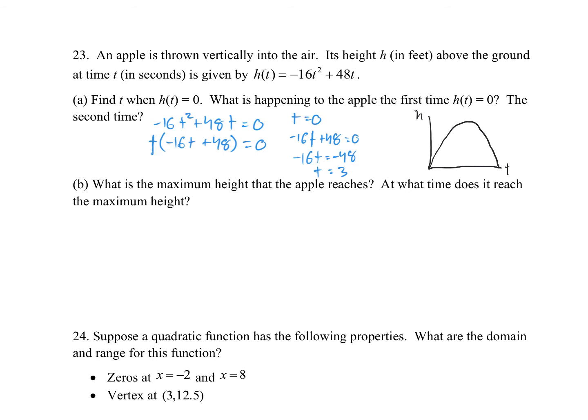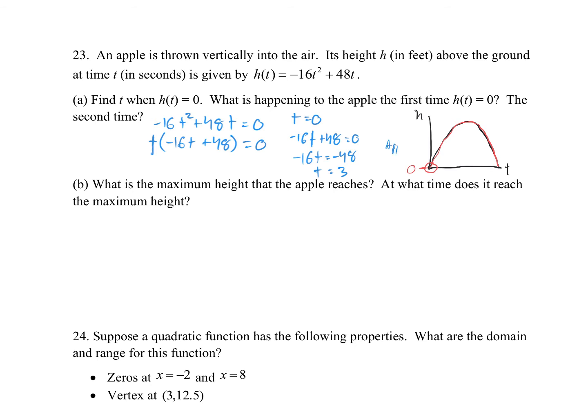So when the apple is first at h(t) equals 0, it's right here, right? Because h(t) equals 0, this is the 0 level. And here's our function. I'm going to highlight that in red. There we go. So the first time h(t) equals 0, the apple is leaving the ground.